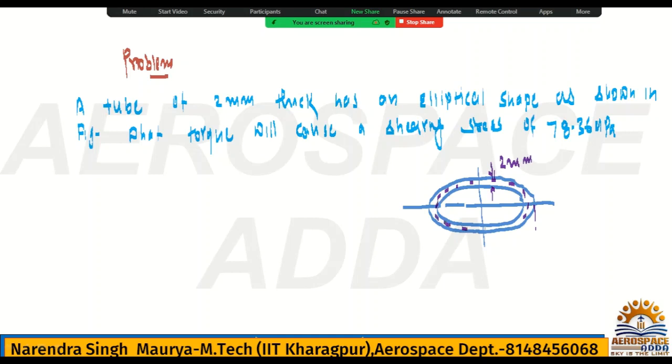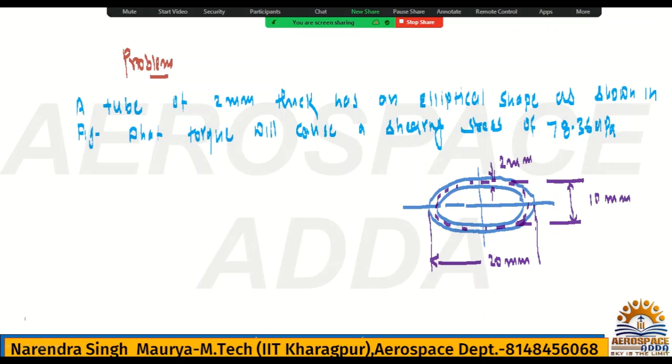From the median line, this distance is 20 mm, and this side is 10 mm.